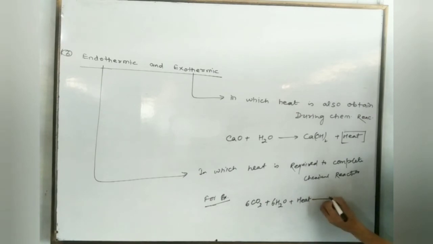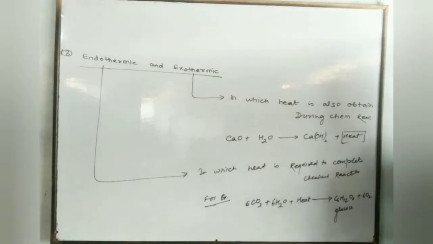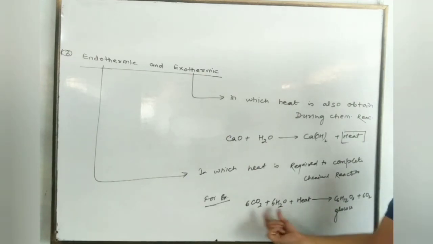So it converts into C6H12O6, glucose, and 6 molecules of oxygen. So this chemical reaction is known as an endothermic chemical reaction because heat is required for completing the reaction.